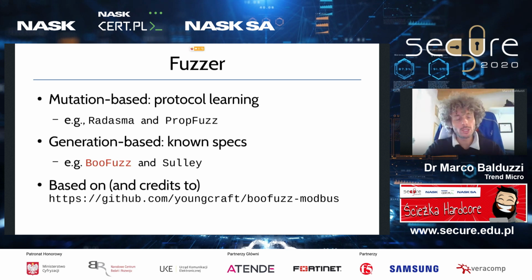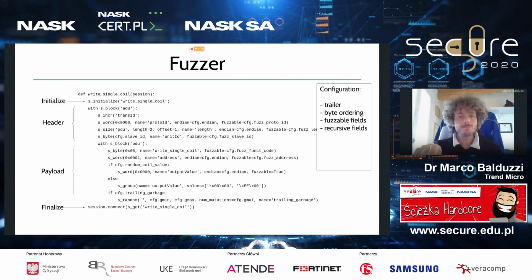For that, we used a modified version of BooFuzz, which allows you, as you can see on screen, to define specifically how the protocol looks and all the fields of each message of a protocol.